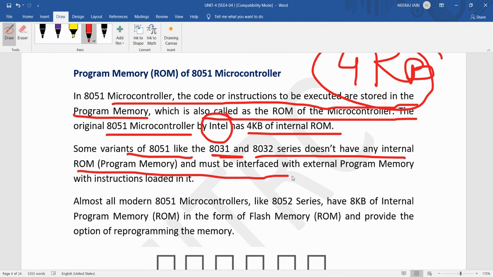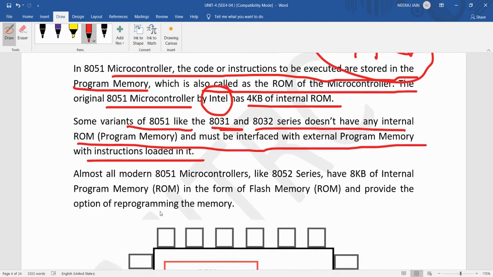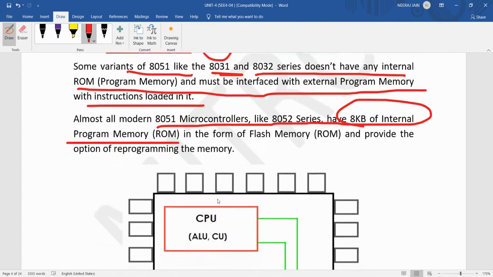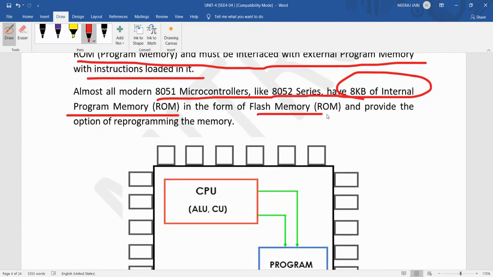If it is not there, then external program memory can be used for the instructions. Almost all modern 8051 microcontrollers like the 8052 have 8 KB of internal program memory ROM in the form of flash memory, which we can also reprogram.